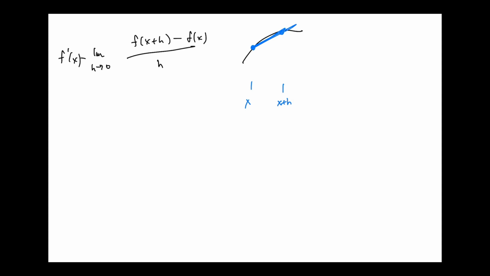This is what defines the concept of the derivative: taking an approximate concept, namely the slope between two points, and then taking the limit as those points get closer and closer together. We did the same thing with the integral.